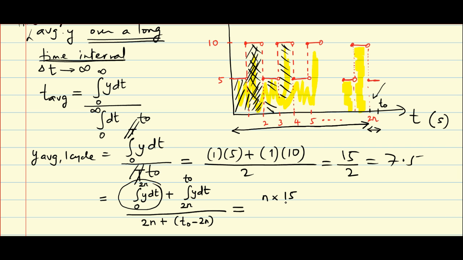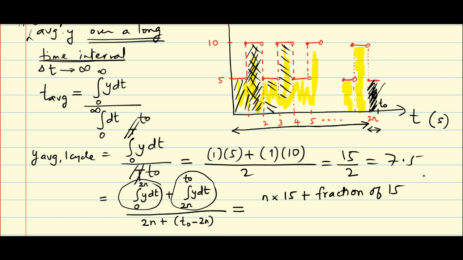That's the area of the integral number of cycles, plus, remember, there is some small area which we have left out, which corresponds to this integral, and essentially that is this area in the figure. Now that area, we don't know what it is because we do not know the exact value of t0, but we can say it is a fraction of 15.